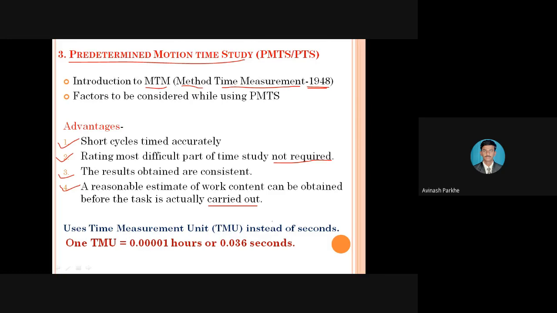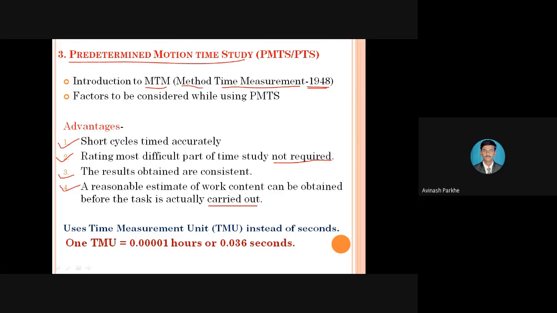by the worker. That rough value will be decided by the supervisor, or by the industrial engineer, the person who has the maximum knowledge, the vast knowledge about that particular job, about that particular task. Only that person can give the rough value of that task.